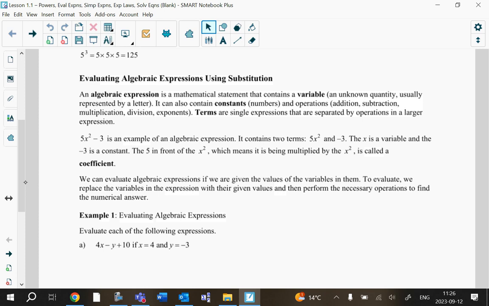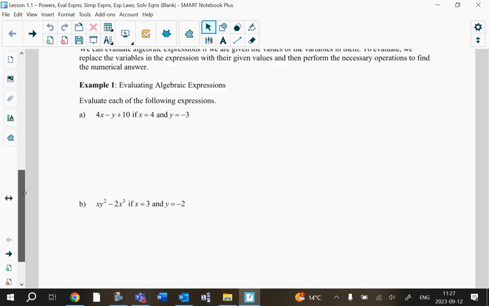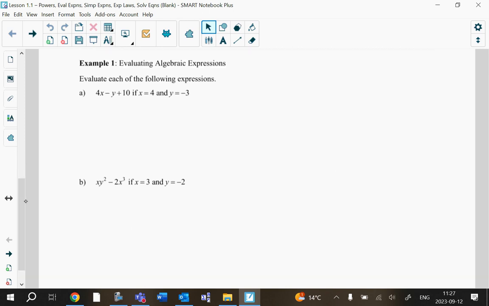Okay, let's actually look at a few questions. What you should be familiar with is how to evaluate algebraic expressions. For example, if I give you the algebraic expression 4x minus y plus 10, how many terms are in that expression? 3.